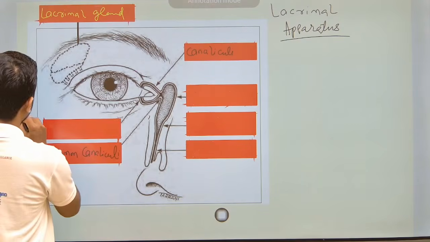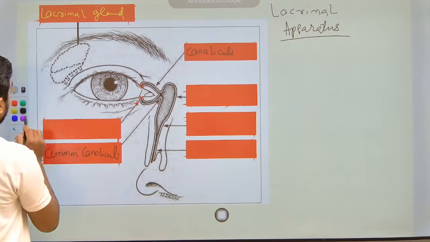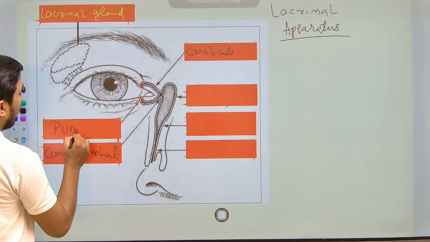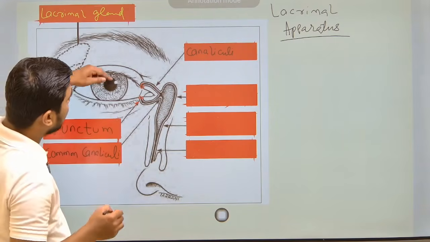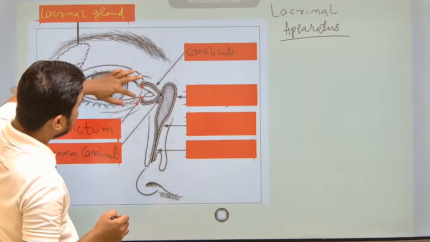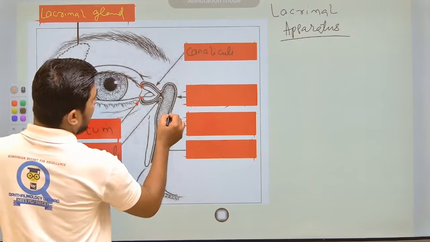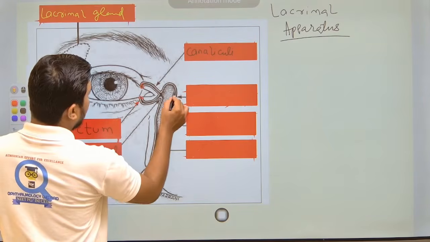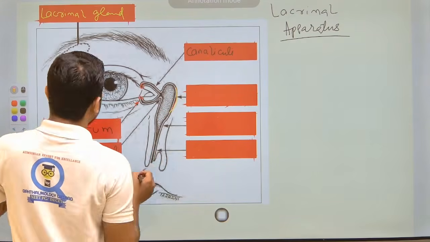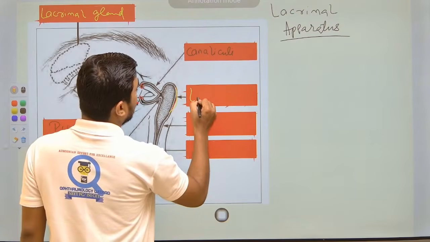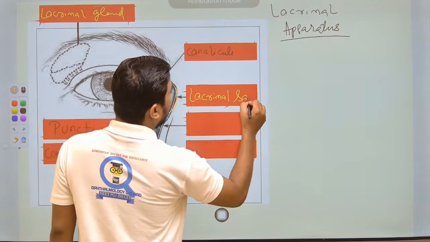What is the point where the arrow is indicating? This is the puncta, upper punctum and lower punctum. From here, with every blink, the tear will go into this sac. So what is this area? This area is the lacrimal sac.